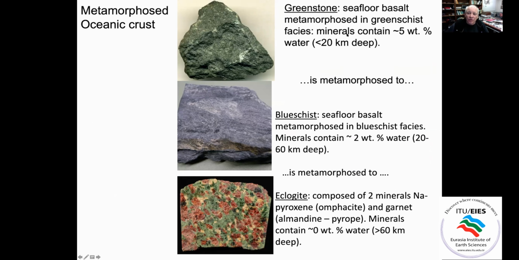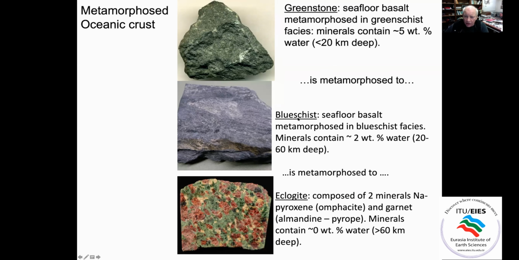So we get very interesting metamorphisms in here. The incoming seafloor is metamorphosed to greenstones, which contain about 5 to 8% water, and this persists to maybe 20 kilometers deep in the oceanic crust subduction zone.